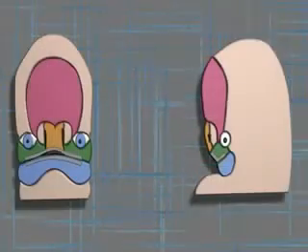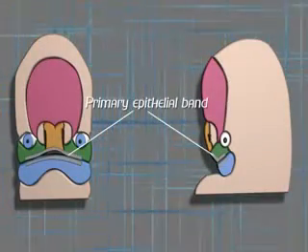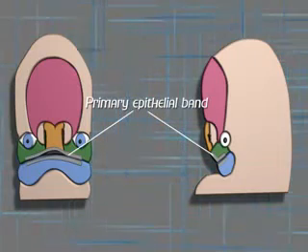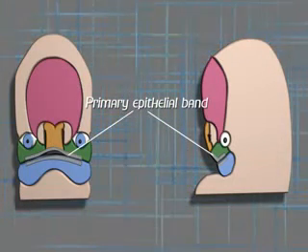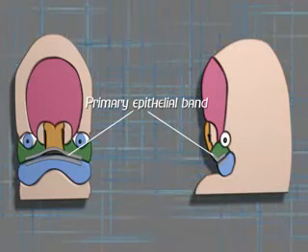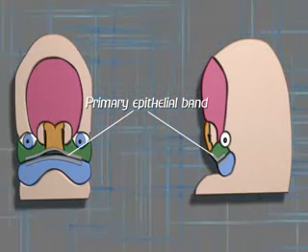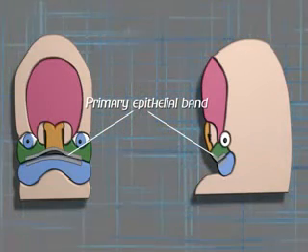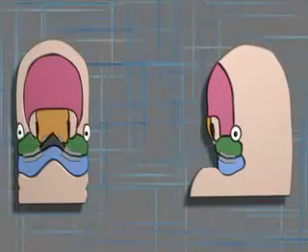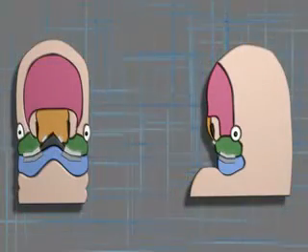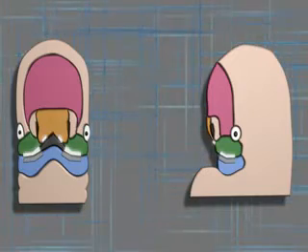At this time, the primary epithelial band can also be observed. The primary epithelial band is a single plate of thickened epithelium described as an arch-shaped continuous plate of odontogenic epithelium. In the upper jaw, it forms from 4 separate zones of epithelial proliferation.